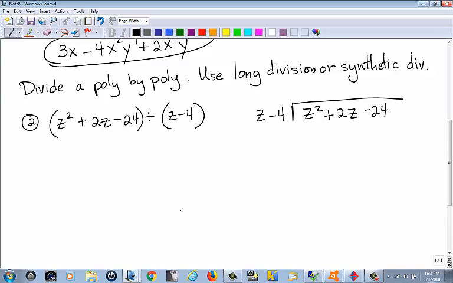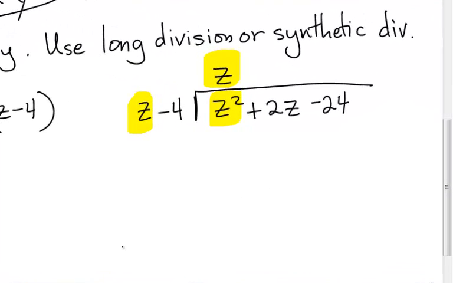When you do the division, you look just at the first term here and the first term here. That's all you look at. And say, what do I need up here? When I multiply this times z, I get exactly z squared. So I need a z, right? So z times z, z squared.